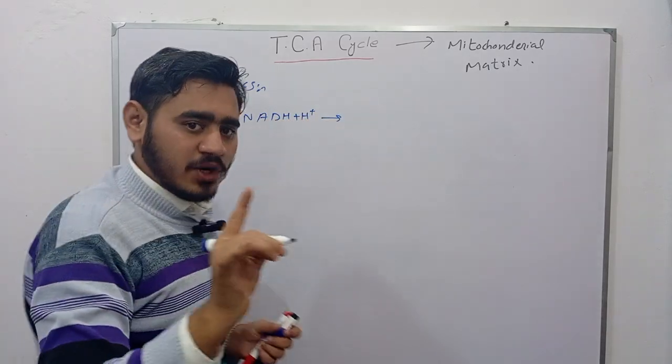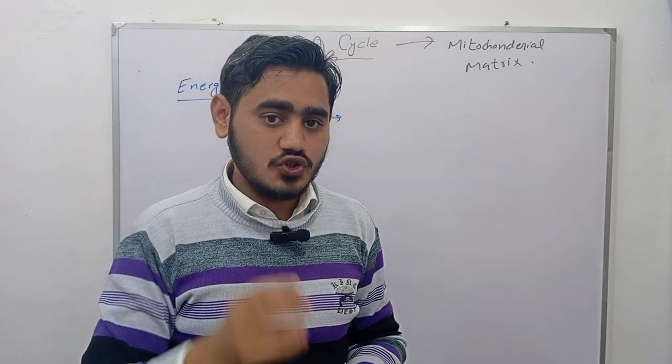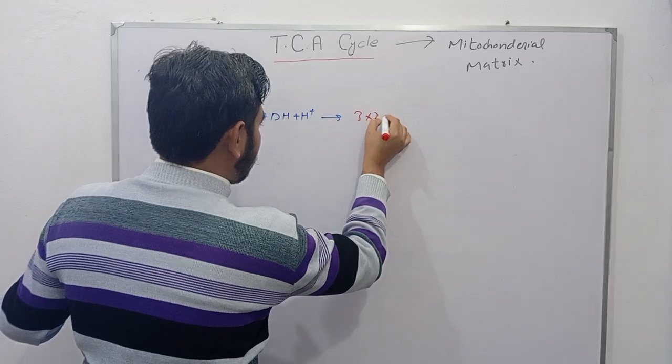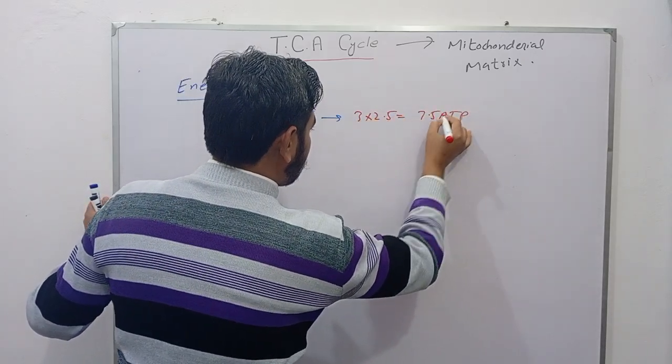One molecule of NADH and H plus in electron transport chain gives 2.5 ATP, so 3 multiply 2.5, that is 7.5 ATP.